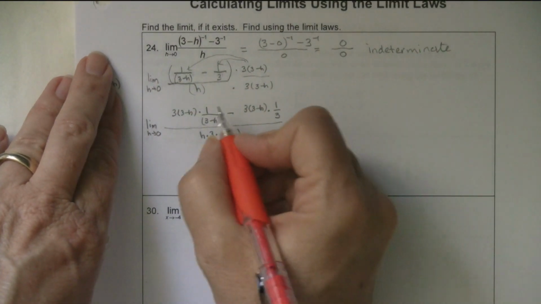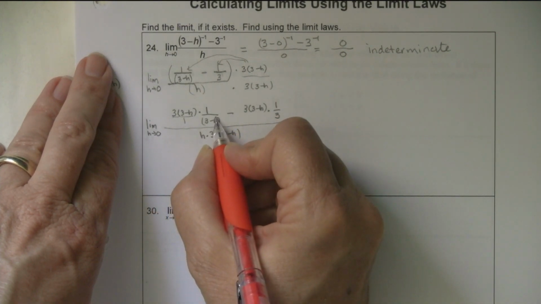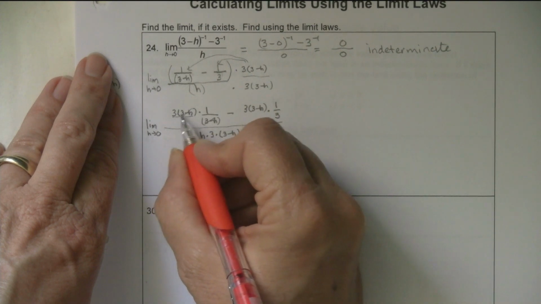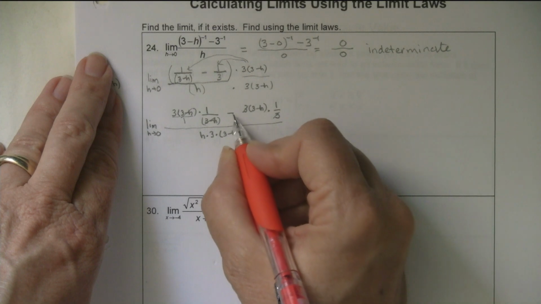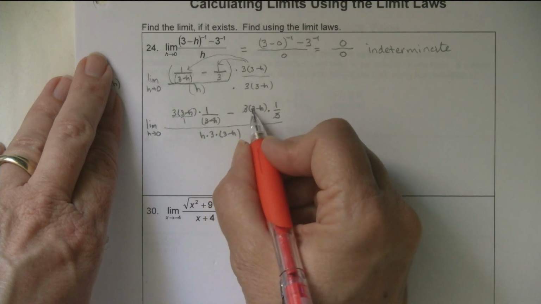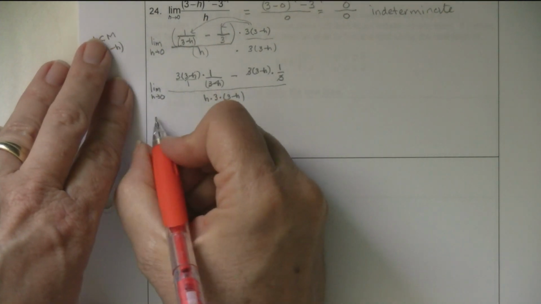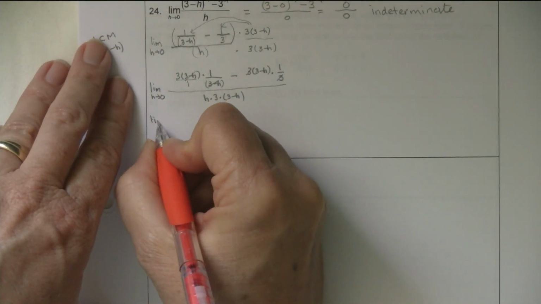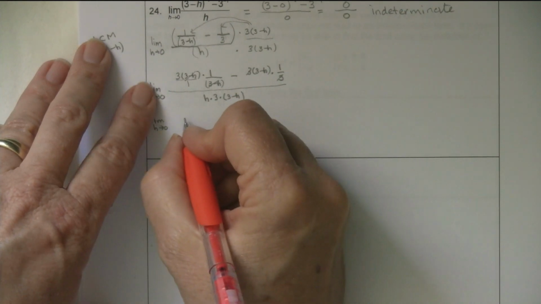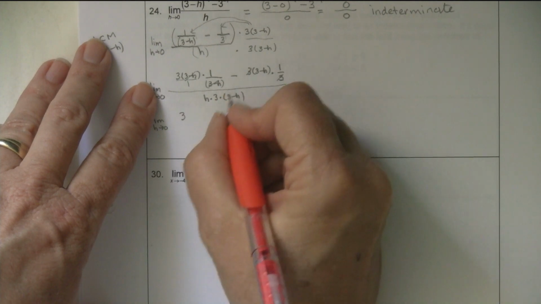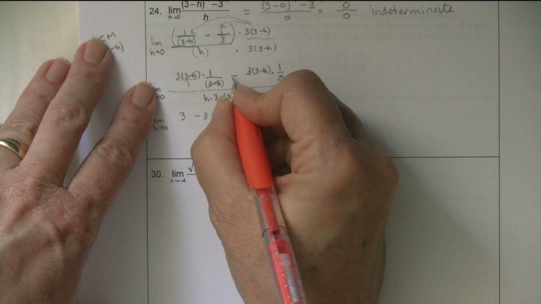So in the numerator, this is over 1, right? That's a whole. And so this is 3 minus h divided by 3 minus h, which is just simply 3. And this is the 3 divides out, and you're going to have to be careful because you're going to have to distribute that minus to that binomial. So there are some binomial situations here. And if I had a nickel for every time a person made a mistake on distributing a negative like that, I'd be rich, rich, rich, because it's really easy to do.